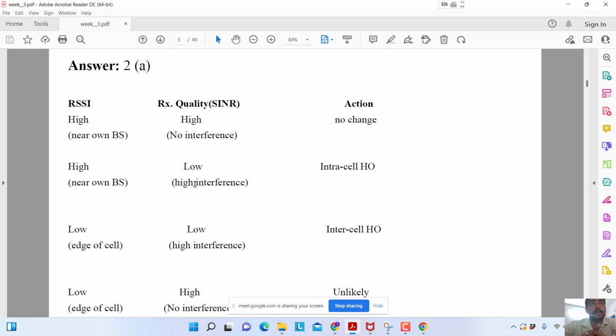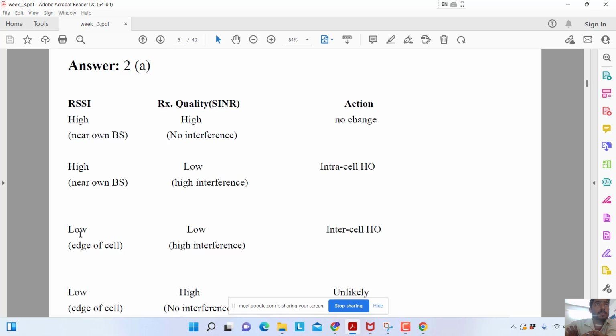It means we are getting high interference. Our receiver is not up to the mark. So in this case our channel will deteriorate. To make the connection good, we have to do handoff, and it comes under the intra-cell handoff. This process occurs just within the cell.